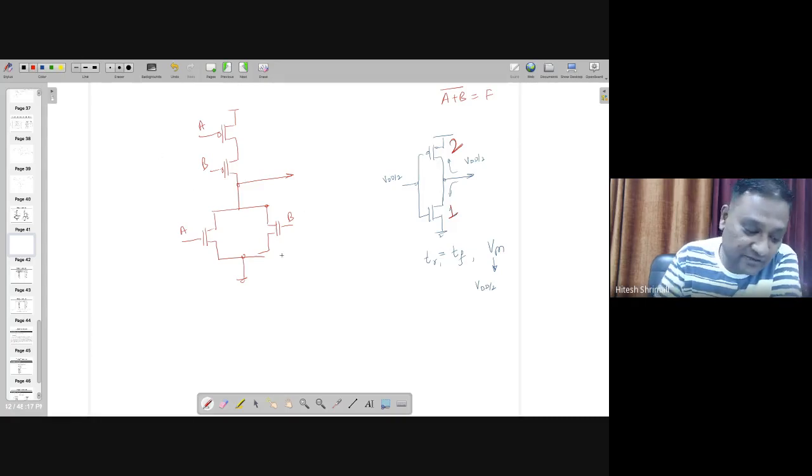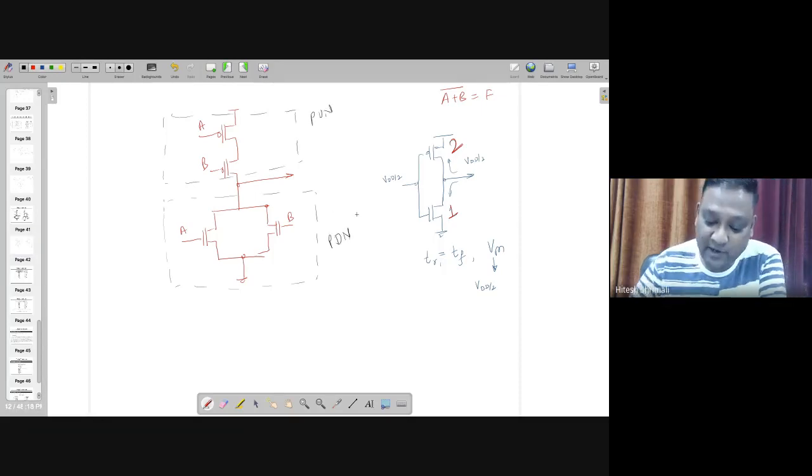to find out the sizing of this particular combinational logic gate. Let's assume that this is a pull-down and this is a pull-up network. I know that the pull-down network resistance has to be 1 and the pull-up network has to be 2, just to make sure that the mu n and mu p ratio remains the same, so that the output will have the switching threshold exactly at VDD by 2 and rise time and fall time will be equal.